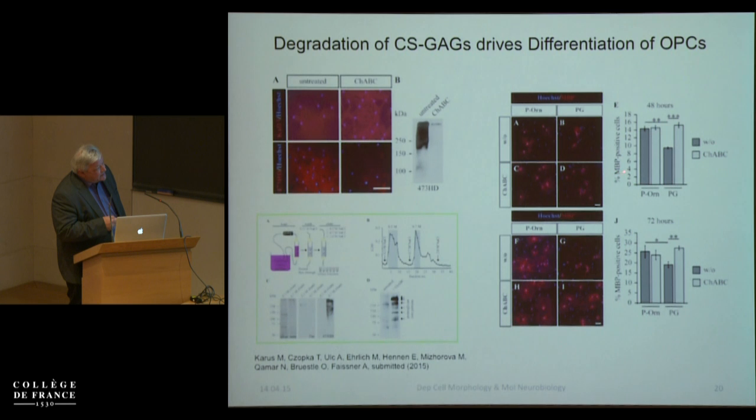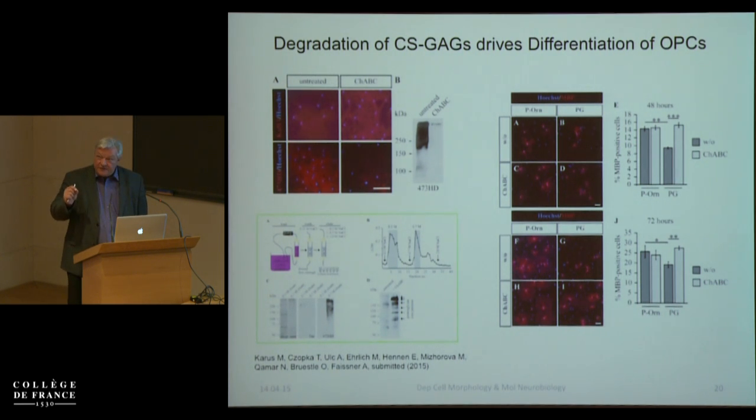You can nicely see that the acquisition of myelin basic protein as a maturational marker in oligodendrocytes is inhibited by proteoglycans of oligodendrocyte origin and rescued by treatment with chondroitinase ABC. And we see that within 2 but also within 3 days.